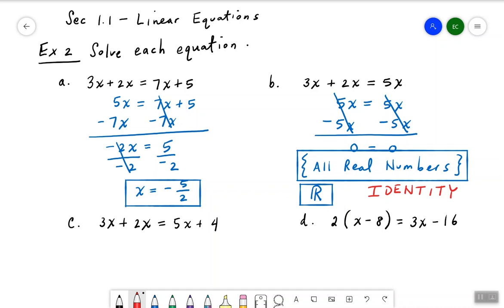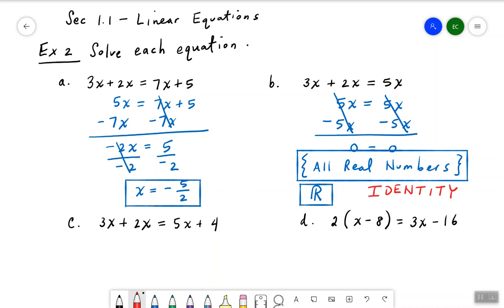You could plug in a value for x, whatever number you like, 1, 2, 3, maybe a fraction or a decimal or a negative number, and check, just like we checked solutions in the previous video, and see that we get a true statement.